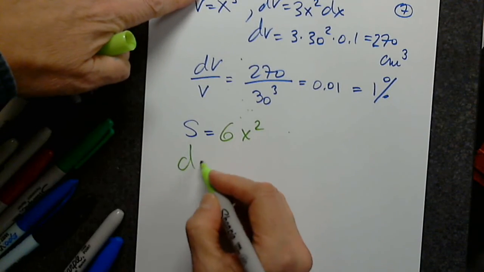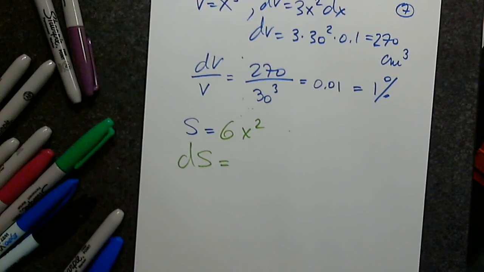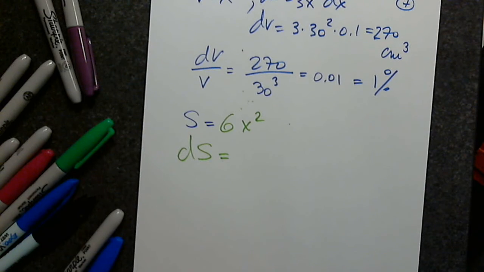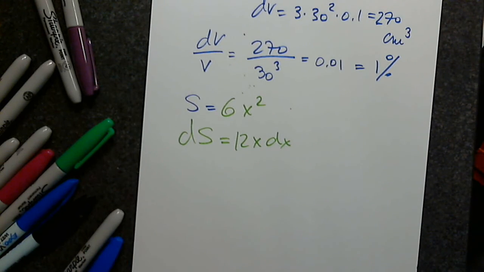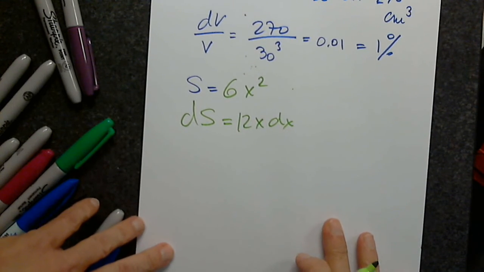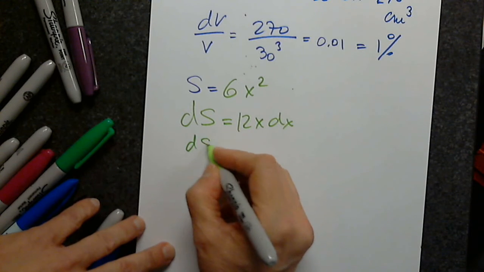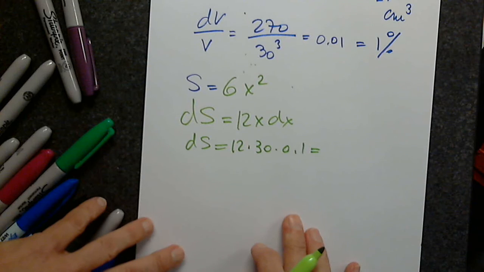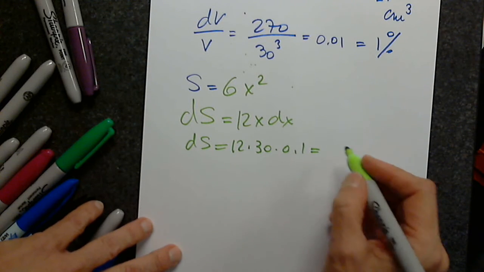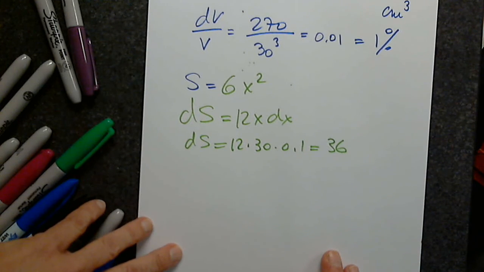So now ds equals 12x dx. Very good. So never forget this, because this is what chapter 5 needs. The differential, please. Okay, so now ds is 12 times 30 times 0.1. So this is 36 measurement units.